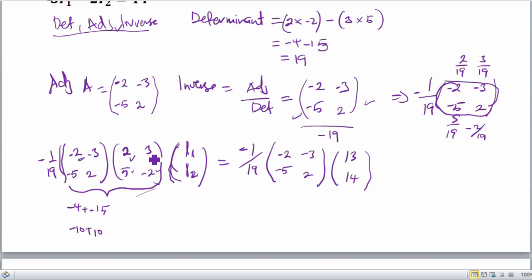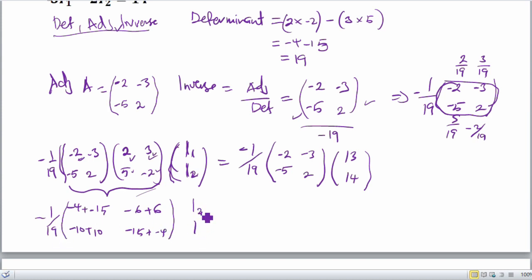And then we proceed now, negative 2 times 3, that is negative 6, and then add negative 3 times negative 2, which is positive 6. Finally, negative 5 times 3 is negative 15, and then add 2 times negative 2, which is negative 4. And negative 1 over 19, don't forget, that one is outside.